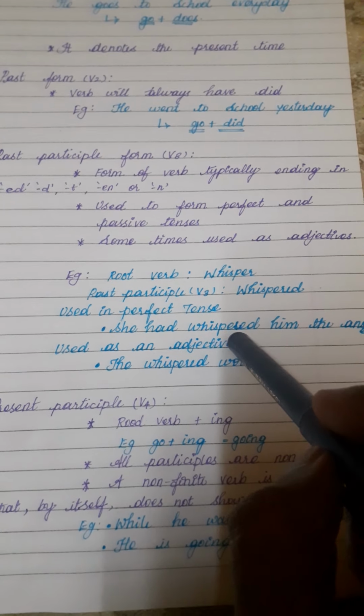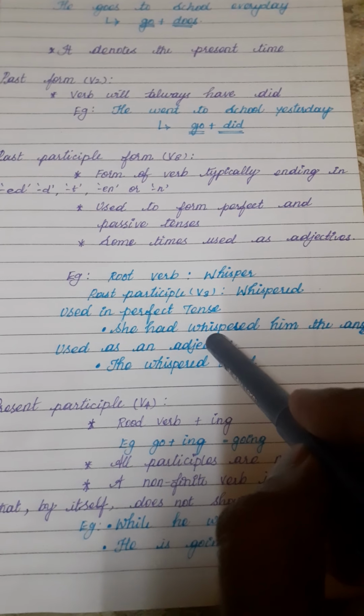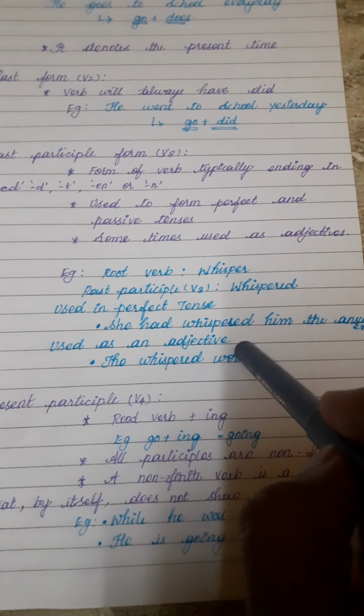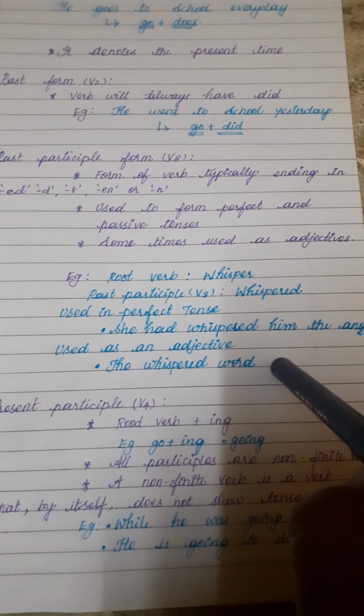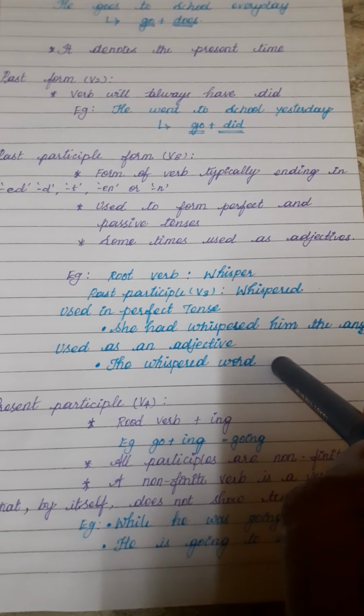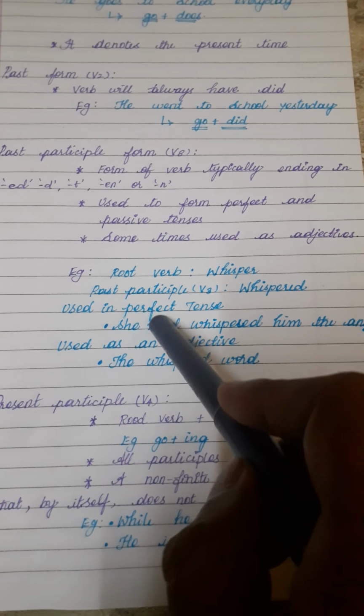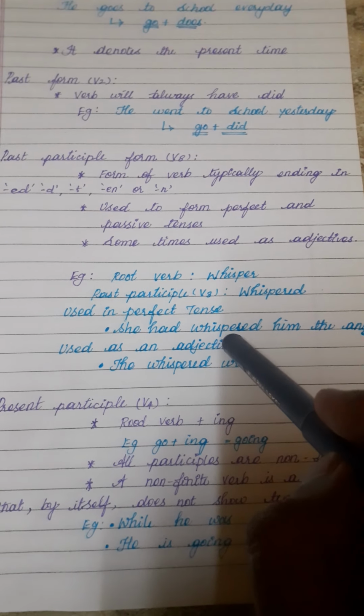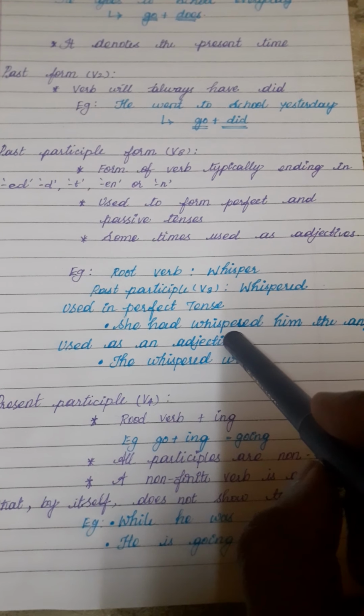Because you may get confused. Whispered, the past tense of whisper, is whispered. Again, the past participle is also whispered. So depending upon the supporting verb, we will decide what the verb form is.